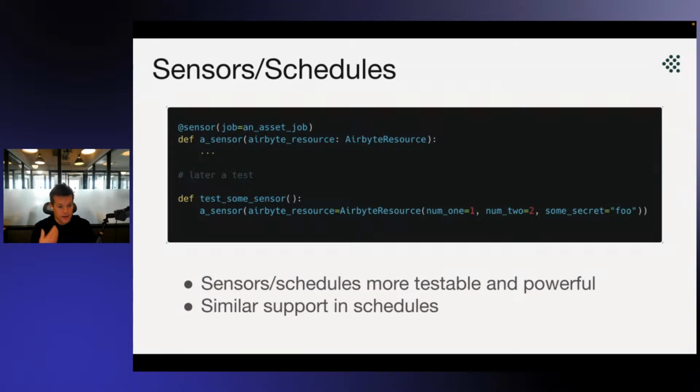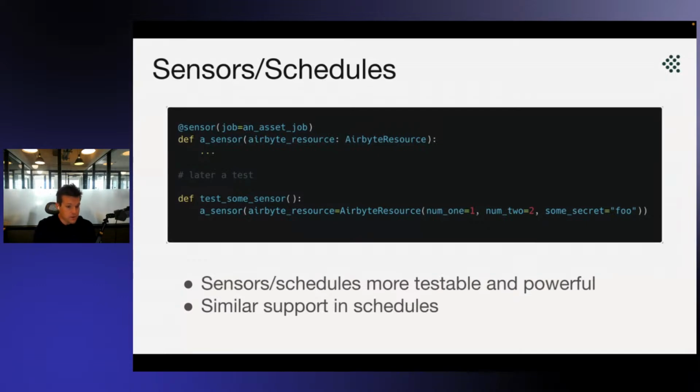So now, just like an asset or an op, you can just declare a parameter name, and the system will automatically shuffle that resource down to a sensor or schedule. This makes sensors and schedules far more testable and powerful. You can reuse existing code and understand what they're talking to. And we think this is super exciting.